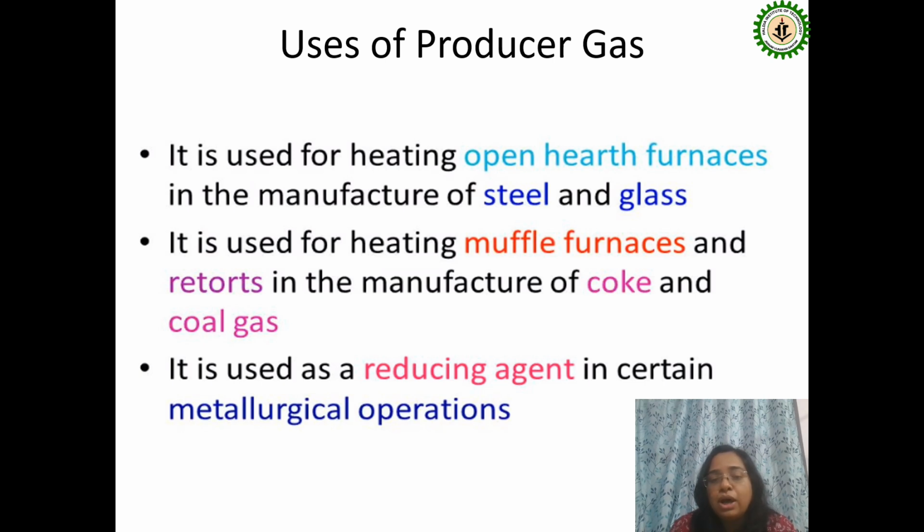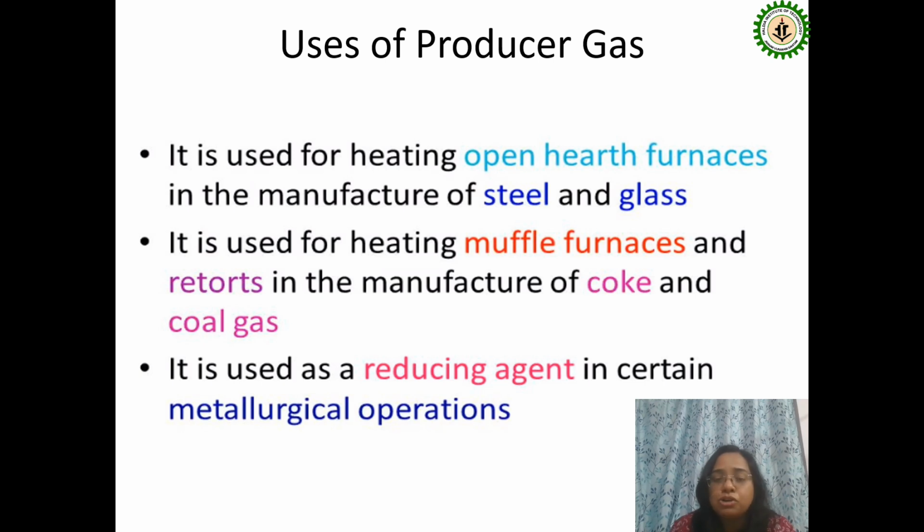So in today's lecture we have discussed some common synthetic gases, and among these, one of the important ones is the producer gas. In terms of calorific value, producer gas delivers a very low value, around 1300 kilocalorie per meter cube. Though it has a low calorific value, it finds wide applications in many areas.